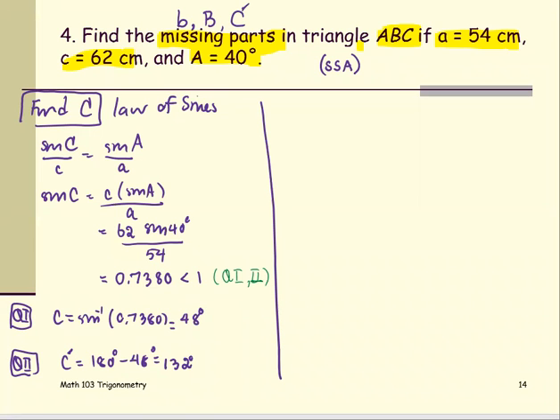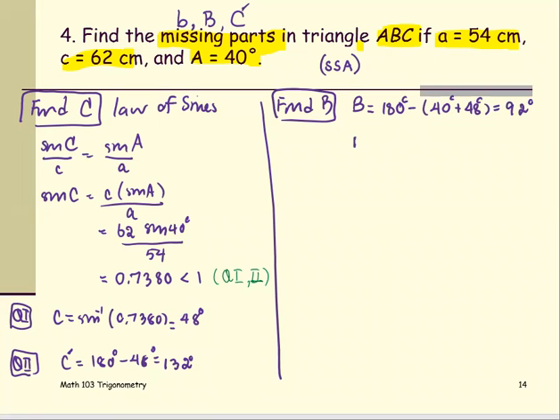Next, to finish up, we just need to find angle B. To find angle B, use the concept that the sum of the three angles within the triangle equals 180 degrees. From the first possible solution, B is 180 degrees minus the sum of angle A and the first possible solution, angle C. So we get angle B as 92 degrees.